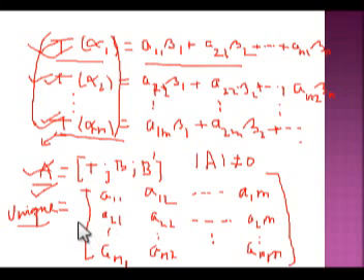Also, I want to tell you that all the alpha 1, alpha 2, alpha n are the coordinate matrices of alpha with respect to the ordered basis B. I am writing here all the alpha i, for i from 1 to n.